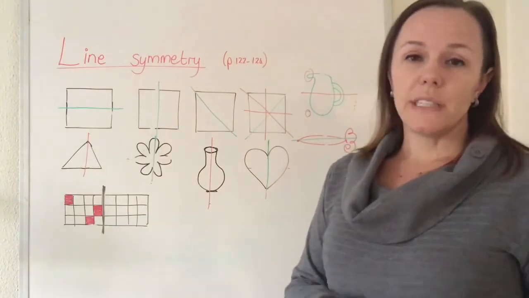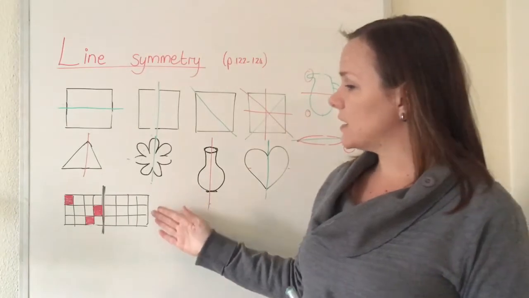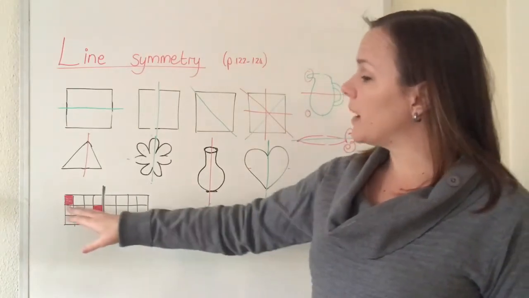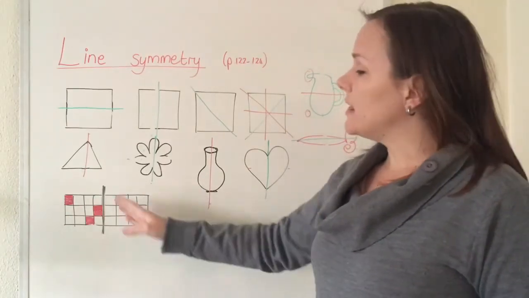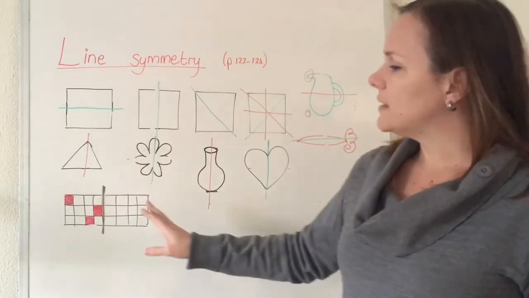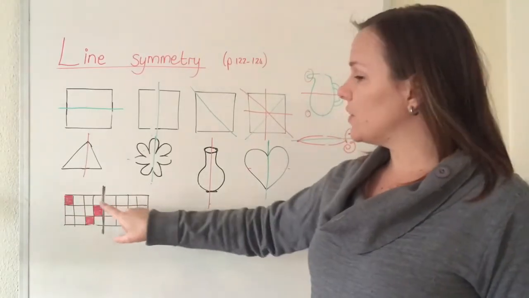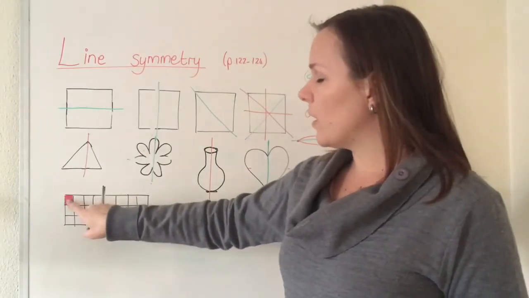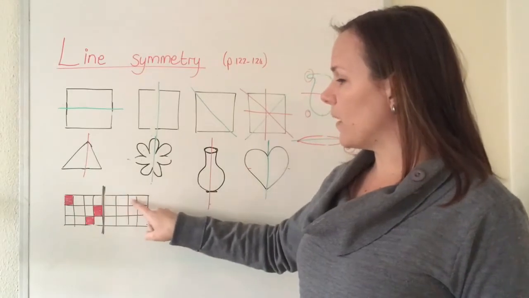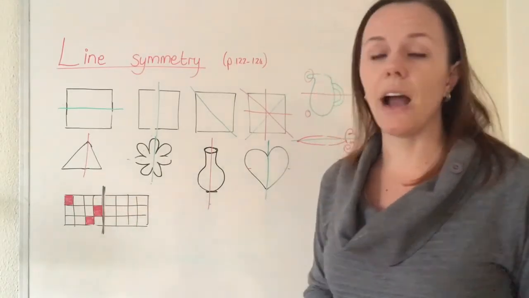Now when we do symmetry, I can sometimes ask you a question like this one, where it's a bunch of blocks and there's a line in the middle, that's the line of symmetry, and there's the same amount of blocks on the one side as the other side. You can look here, there's 4 blocks this side and 4 blocks that side, 3 blocks down and 3 blocks down.